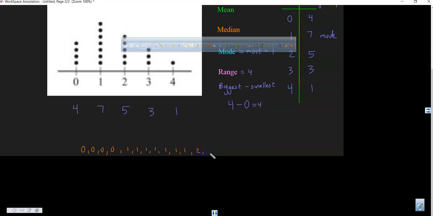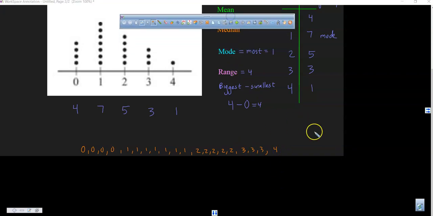We have 5 twos, 3 threes, and 1 4. Now, if we added all of these up, it kind of gives us the total amount. All right, so we got 4 plus 7, which is 11, plus 5 is 16, 19. So there's a total of 20 pieces of data.